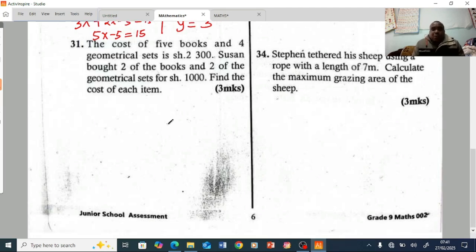The cost of 5 books and 4 geometrical sets is this. Susan bought 2 books and 2 geometrical sets. Find the cost of each item.